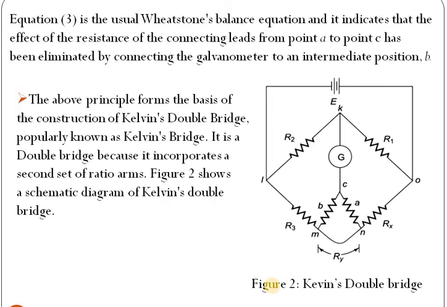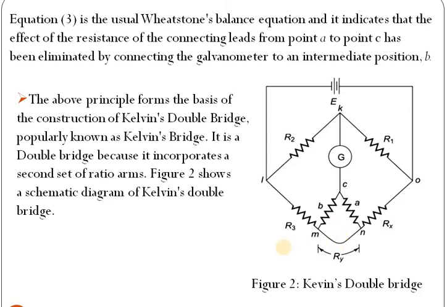So here, observe that figure. This is the Kelvin's double bridge. Previously we had point A and point C, and the center of the galvanometer was considered as point B, whereas here we have to modify that.